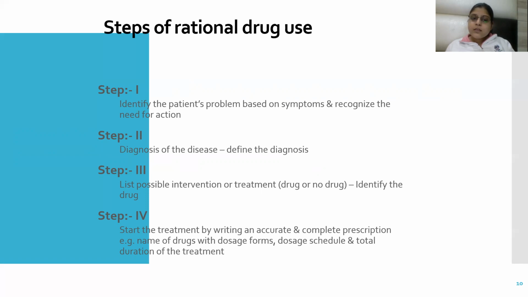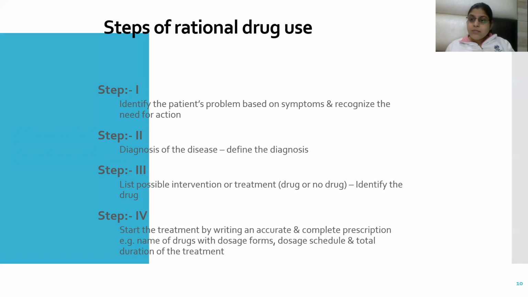And then we have to select the drug, the group of the drugs. We have to make a list of group of drugs for the treatment of that disease after making the diagnosis. Then we can select the drug from it, and then we can start the treatment by complete and accurate prescription.